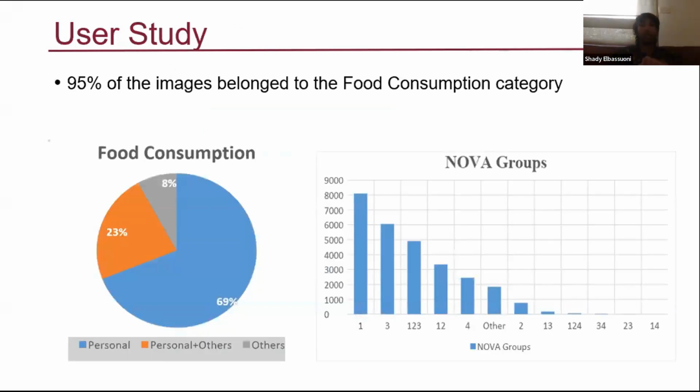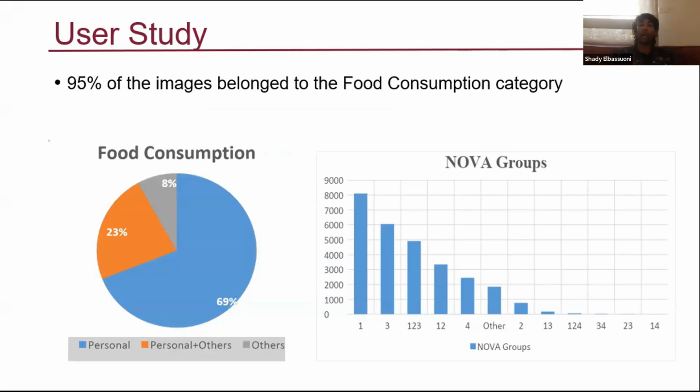Right, and this is just a quick summary of the results from our user study for that last component. So when we looked at our data, or the part of the data that I'm presenting here today, 95% of the images belong to the food consumption category.